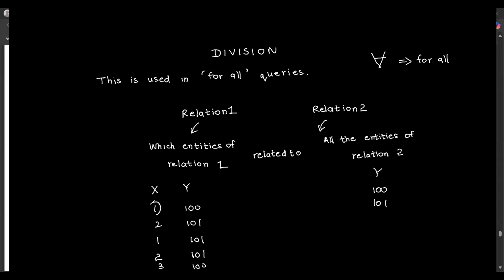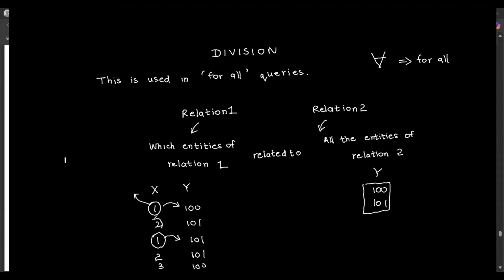Here, the entity 1 is related to 100 as well as 101, the values present in the y attribute in relation 2. So the concept we are going to learn is that entity 1 is related to all the entities in relation 2.